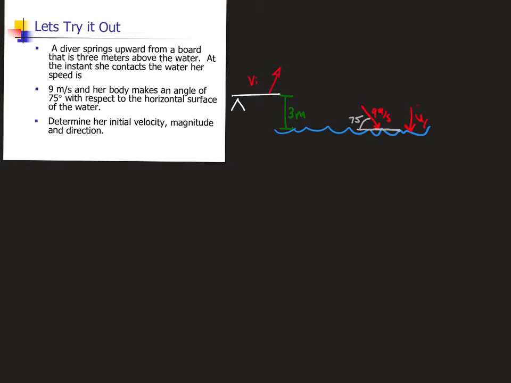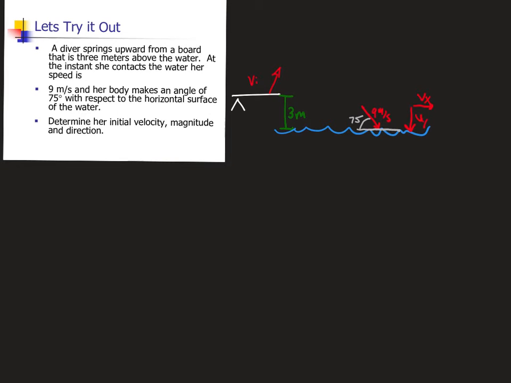Now, the one thing that can't change would be the velocity in the x direction. That will help us, and if we're going to use sine, cosine, we might as well find it for both. Now, we're going to then have a velocity in the y direction right before she hits the water.